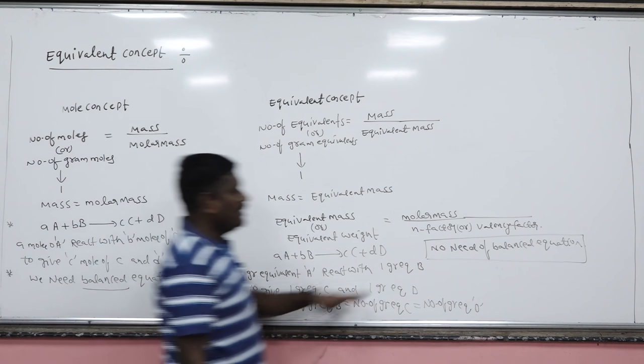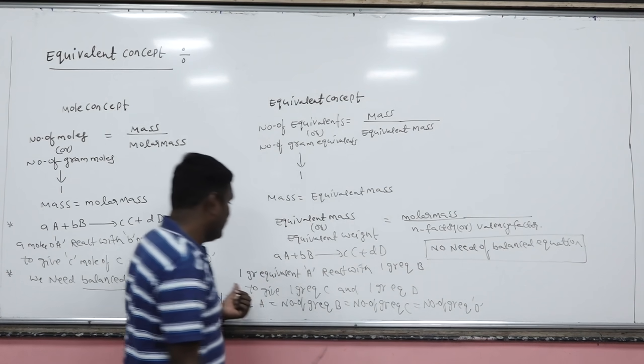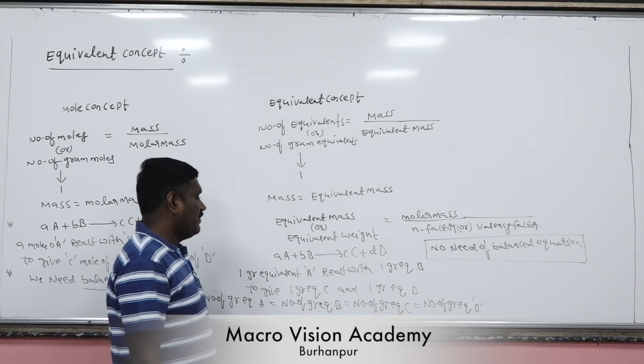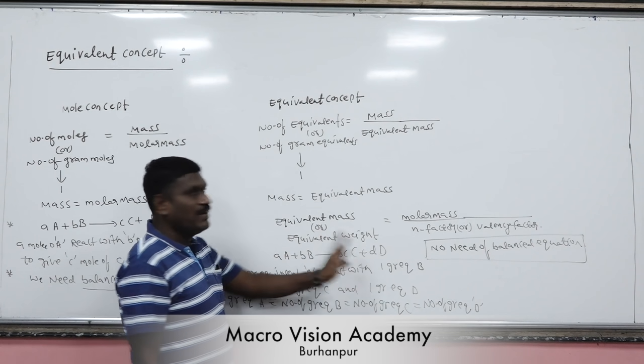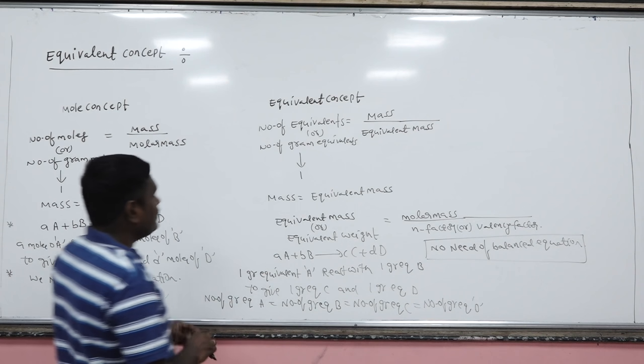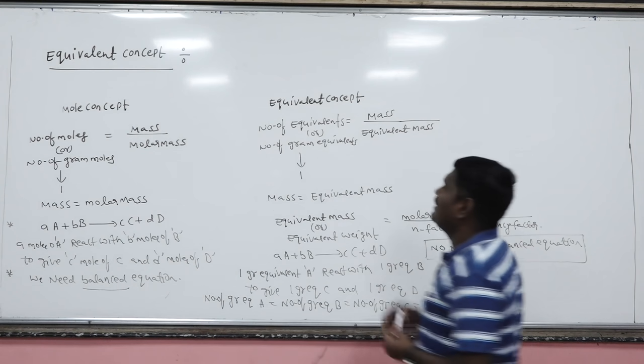But here, there is no need of balancing any equation, only by using the concept of equivalent mass we can find the number of equivalents of reactants or the number of equivalents of the products.